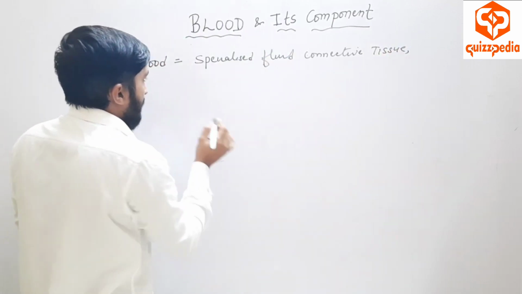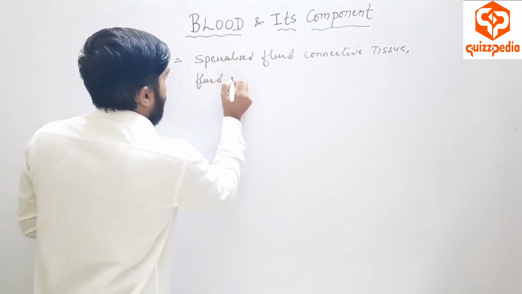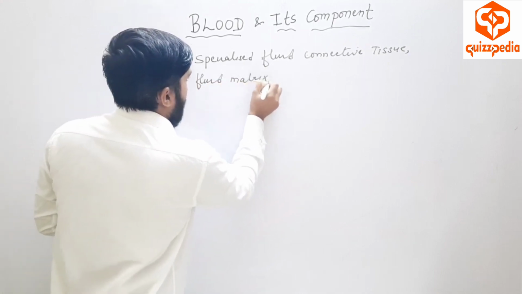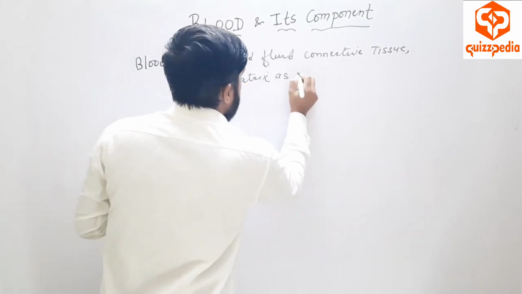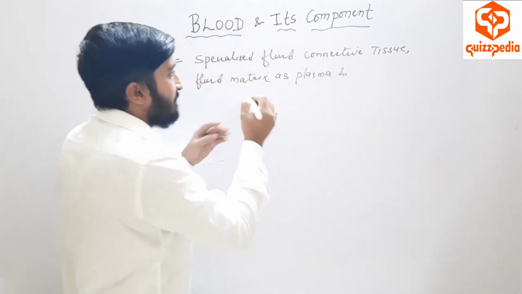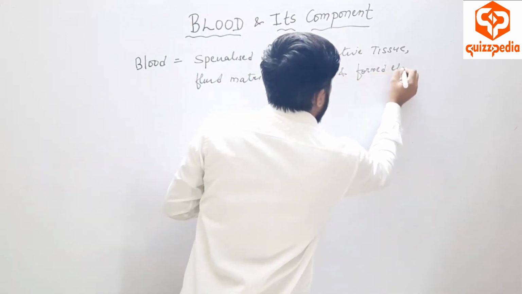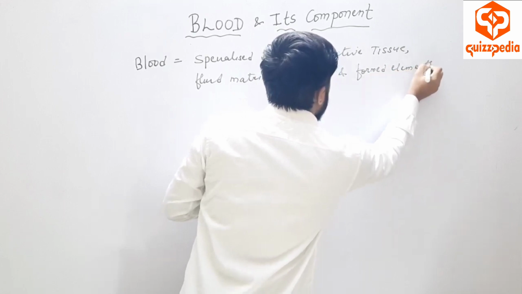First is its fluid matrix, plasma, and formed elements are present in it.